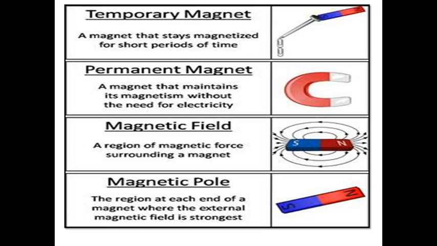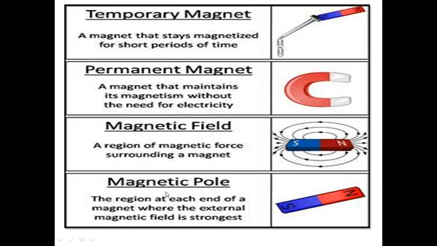Then we have learned one definition, that is magnetic field: when a magnet produces some area around it, that field is known as a magnetic field. You can see here the magnetic field is more at the ends of the magnet, that is, at the poles, as compared to the middle area.